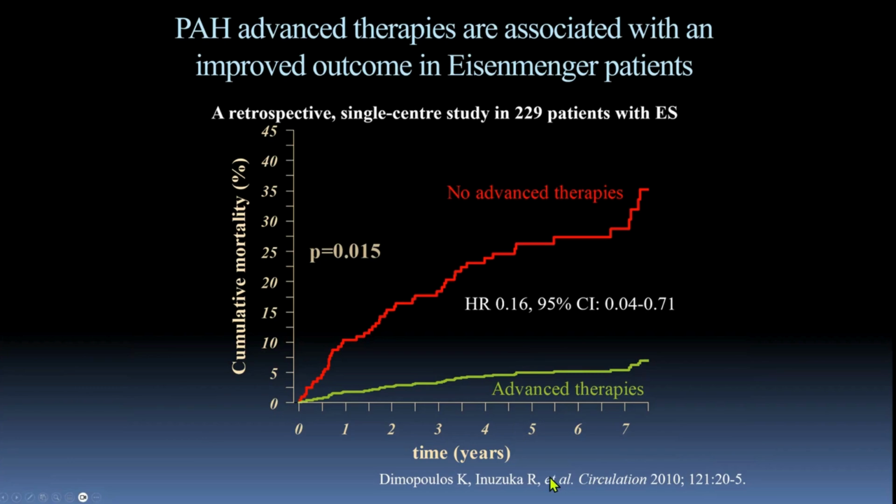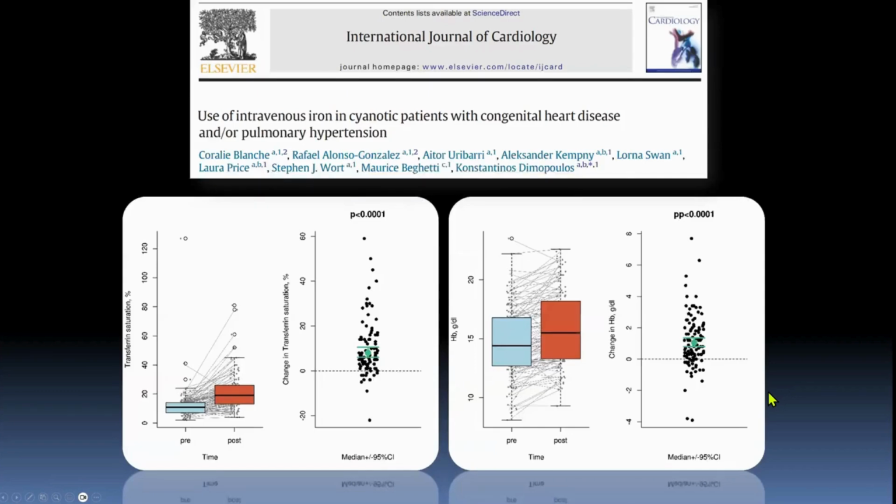At that point, there was lots of debate. Is this true? Is this not true? We've got at least 4 or 5 other papers from large registries, Germany, Australia, etc., I think France as well, that have shown similar outcomes. So it is clear that when you have a patient with Eisenmenger syndrome, you treat them not only to improve their exercise capacity, but also to improve their outcomes.